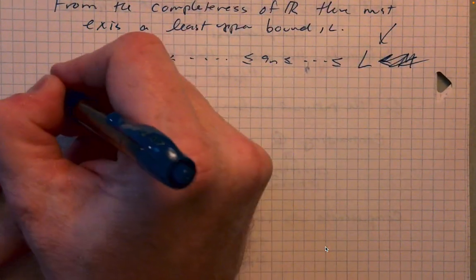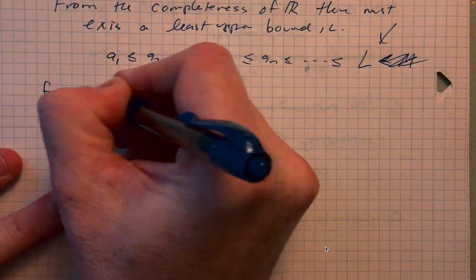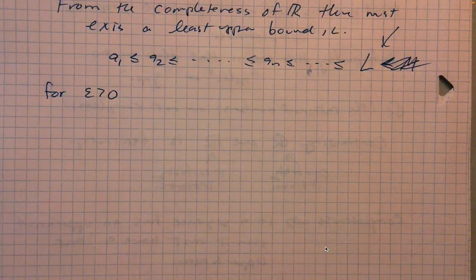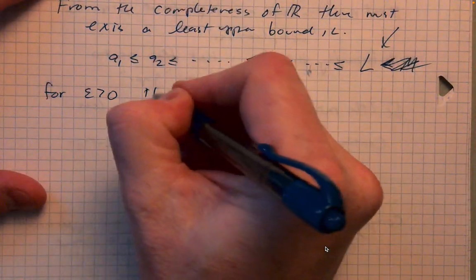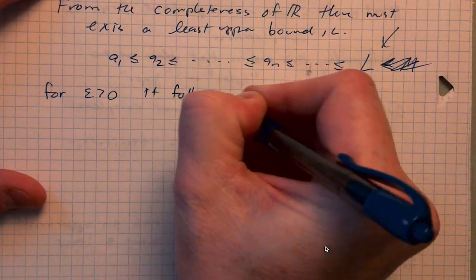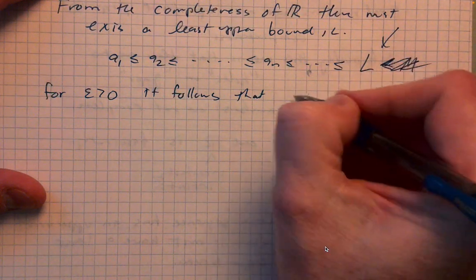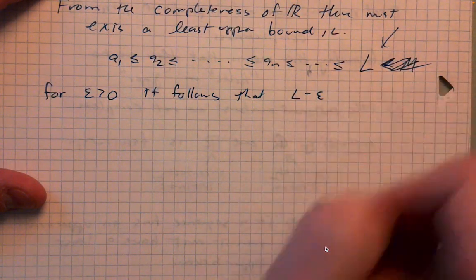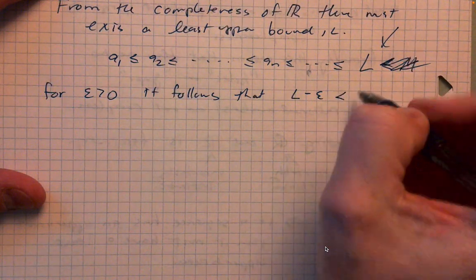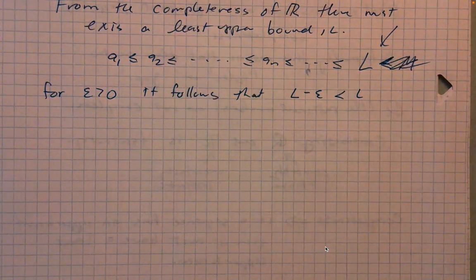So now for epsilon greater than 0, epsilon is some positive value. It's given. It follows that if you take whatever L happens to be and subtract off epsilon, you're going to get a smaller number. Epsilon is a positive quantity.